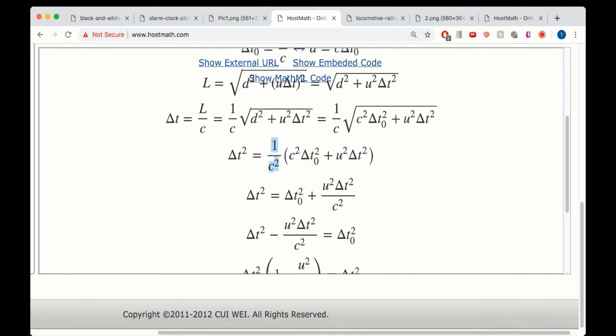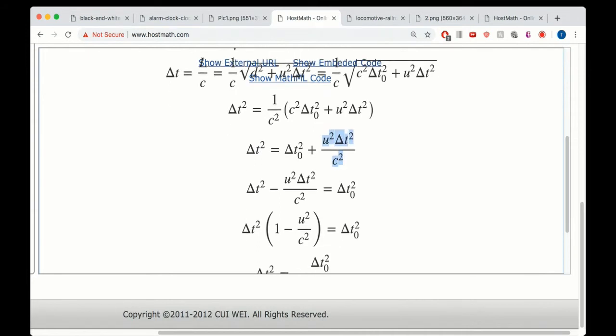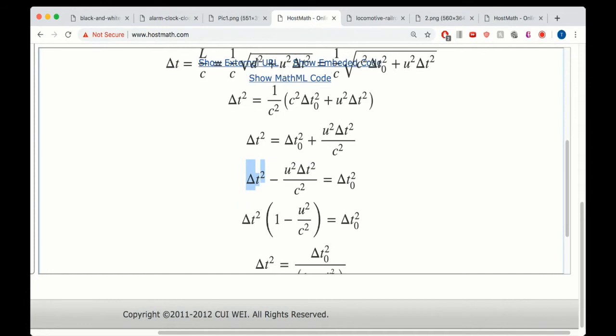We distribute this 1 over c squared, and we get delta t squared plus u squared delta t squared over c squared. We notice that this delta t squared appears here and here, so we subtract this bigger term to the other side over here, and then we factor out the delta t squared, like so.